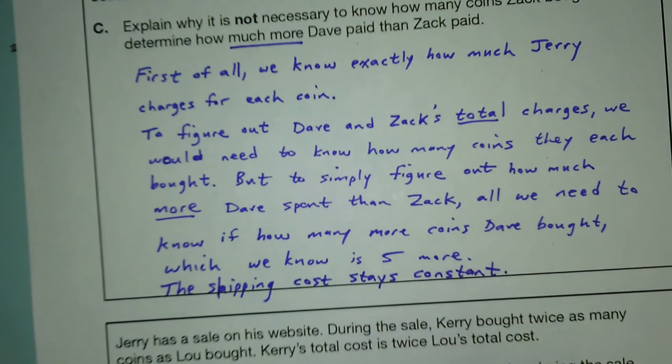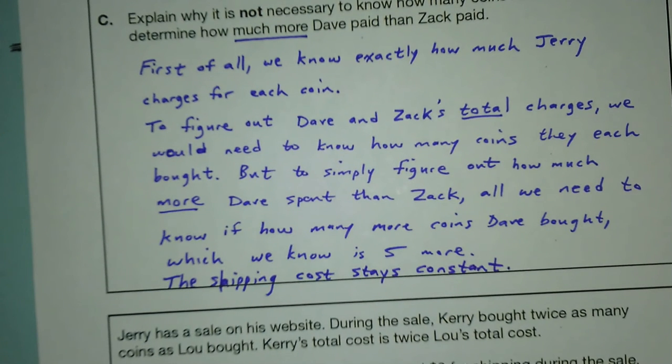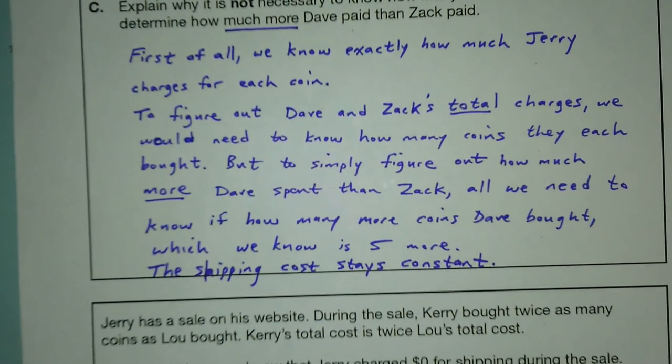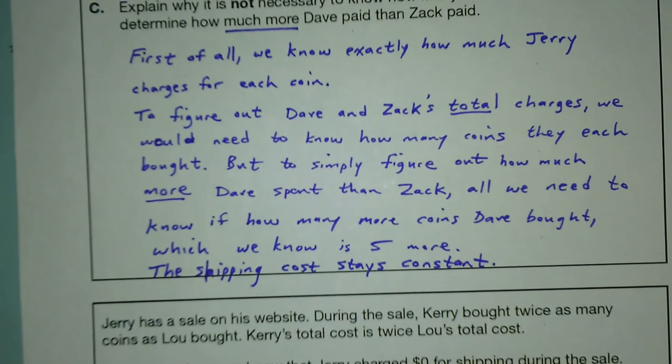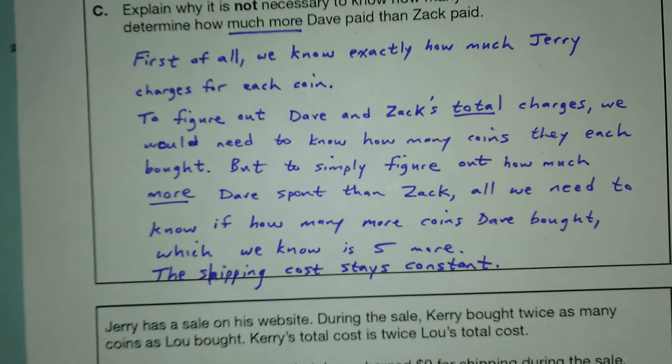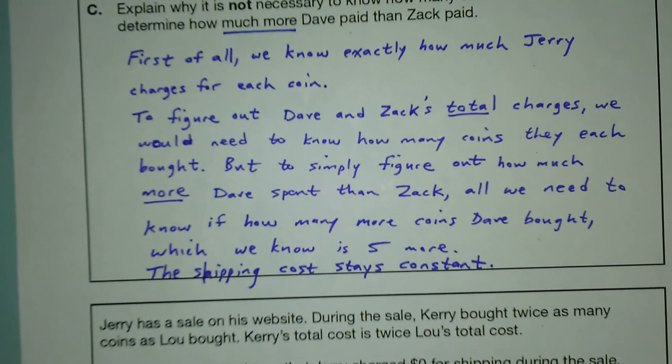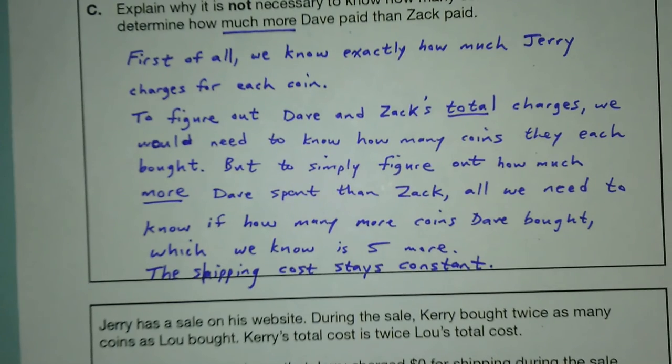Or like I said earlier, the amount that's tacked on for shipping doesn't change according to how many coins. So I don't know, what else is there to say? If you can think of a better or simpler way to say this, then let me know. But I'm not a fan of questions like this.